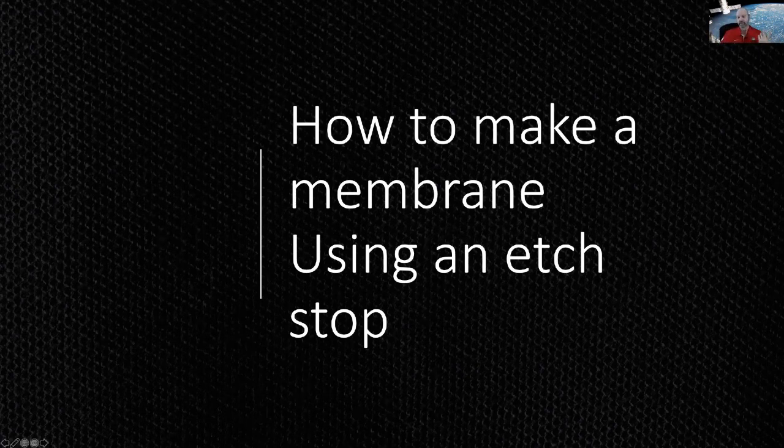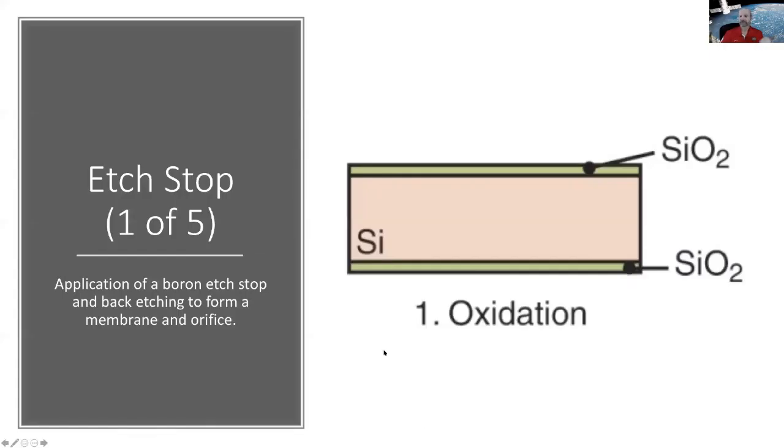So how do you make a membrane using an etch stop? Well, this is really interesting. If you dope the silicon, right, the potassium hydroxide won't etch the doped parts of the silicon. So you put a little bit of a dopant on top and on the bottom of the wafer, and you drive it in. You can do that through implant, right? An ion implant machine, which is typically what they do in industry.